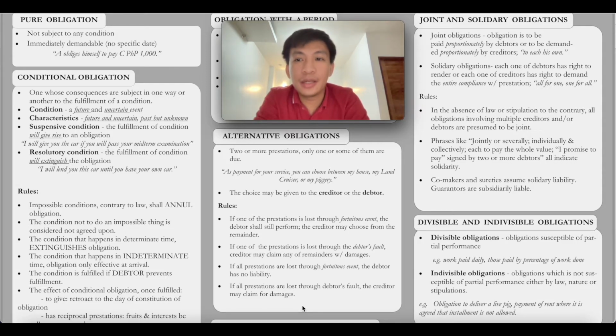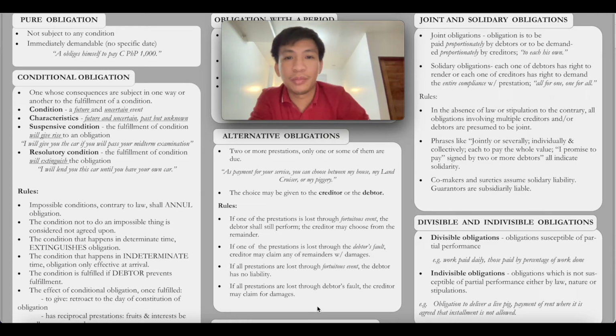In solidary, they can demand from you yung kabuuan ng utang. Okay? In joint obligations, yung creditor can only demand yung portion niya dun sa pinautang. In solidary, yung creditor pwede niyong singilin kahit yung kabuuan ng utang. Okay? So, that's joint and solidary obligations.